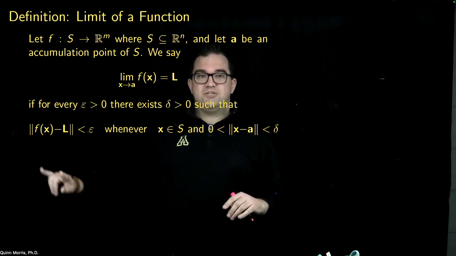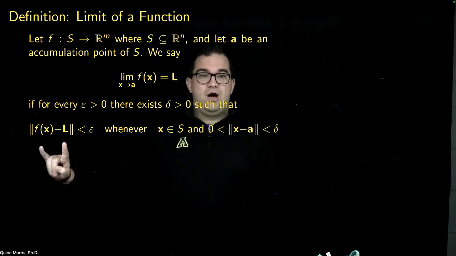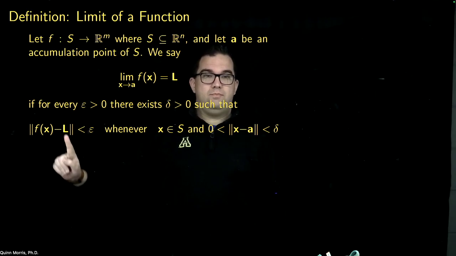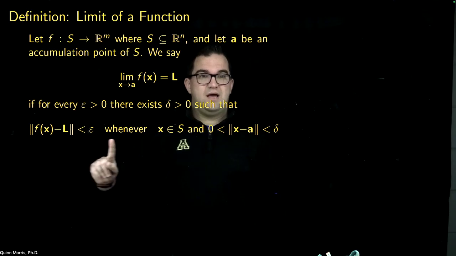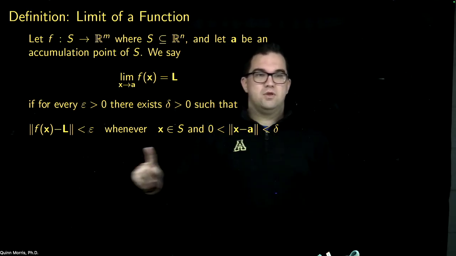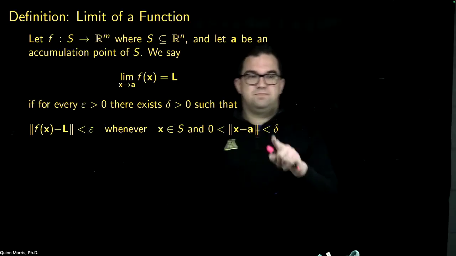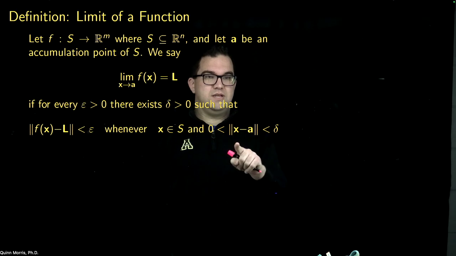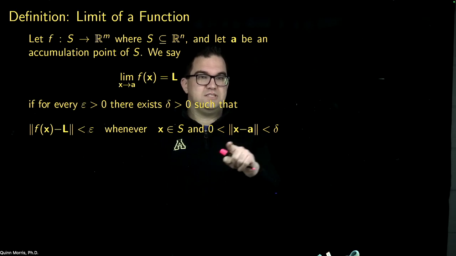The idea is I should be able to make my function outputs as close together as I would like. So I would like the distance between my function outputs to be made less than epsilon whenever the distance between my function inputs is sufficiently small.